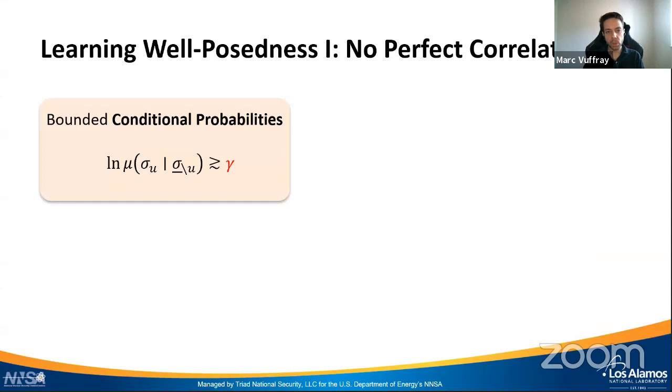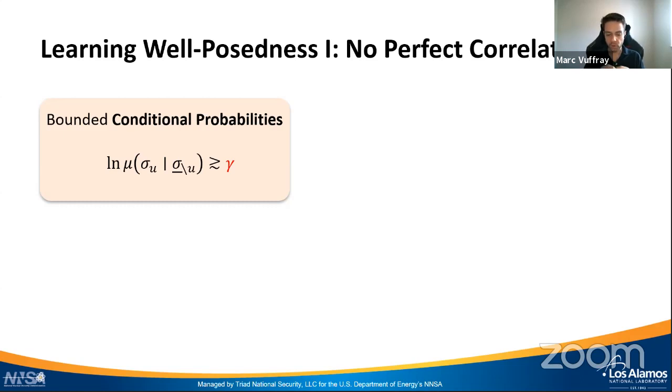So there are two conditions that make the problem well posed, and mostly one. For those who are not familiar, the first is that you require the conditional probabilities to be bounded in a certain way. If you take one spin and condition on the rest, you want the probability to still be positive.